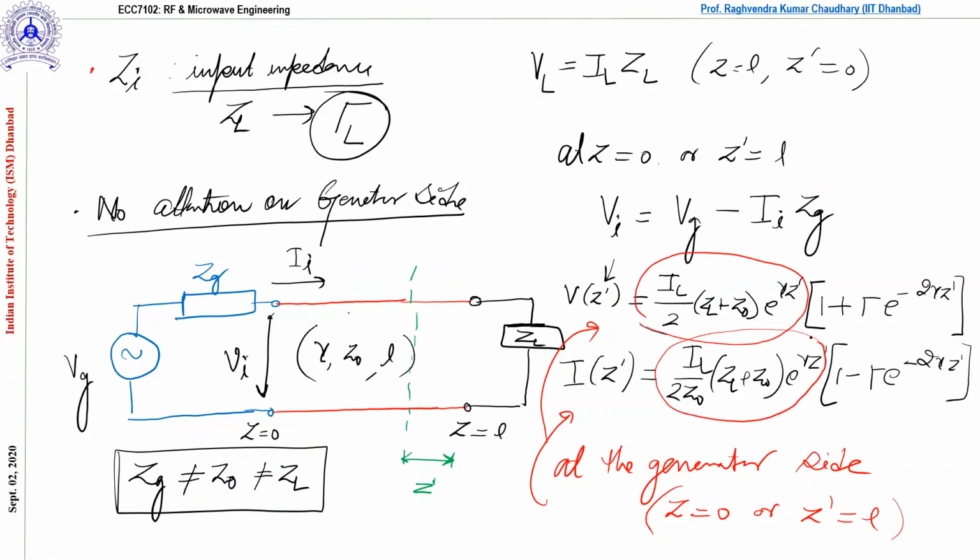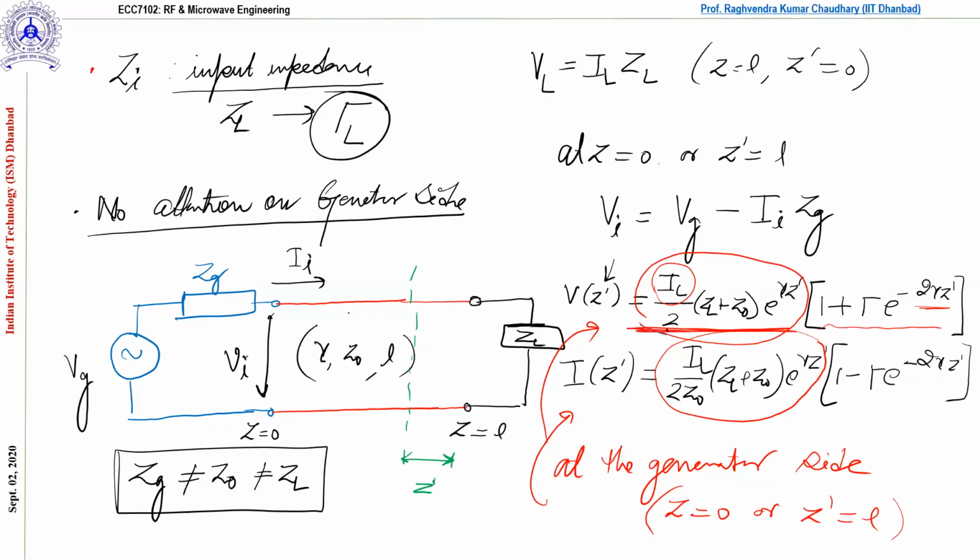If you want to find the voltage and current waves at arbitrary locations, you need these variables, where z dash will be known to you, maybe the full length or a partial length. But there is a problem here that IL is coming. If you talk about the second term, there is no problem because gamma we can manage from the reflection coefficient at the load side, and the other terms are known. The problem is with this whole term.